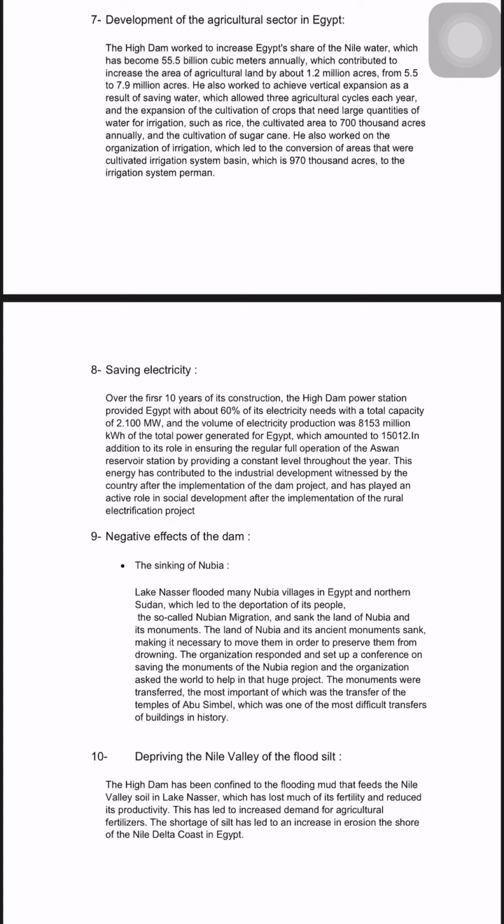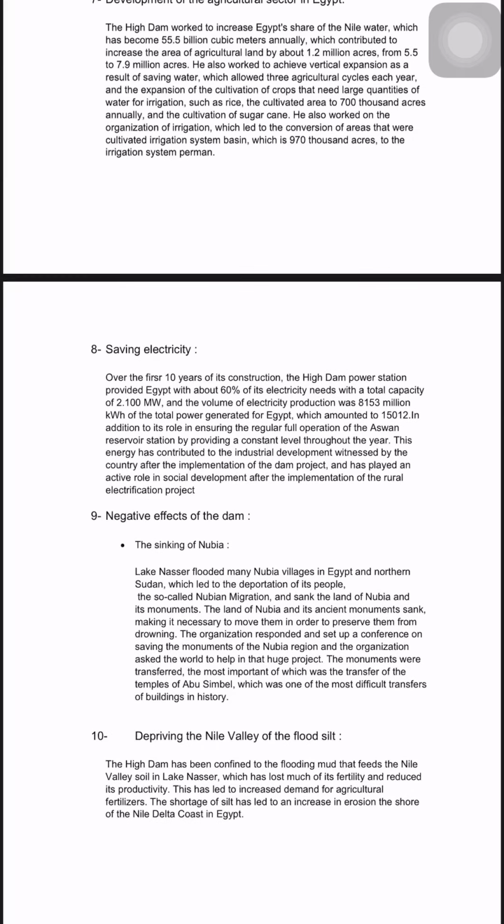Electricity production was 80,053 million kilowatt hours of the total power generated for Egypt, which amounted to 50,012. In addition to its role in ensuring the regular full operation of the Aswan Reservoir Station by providing a constant level throughout the year.